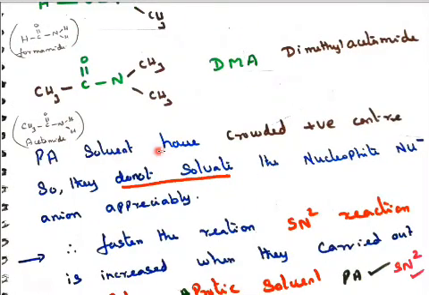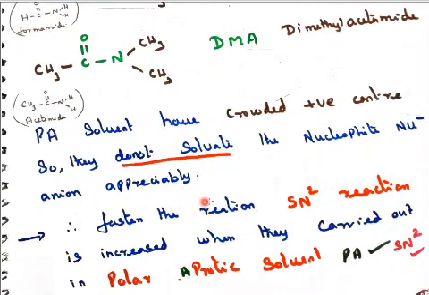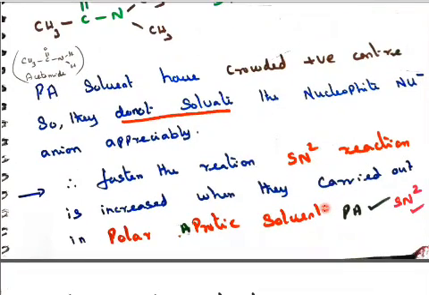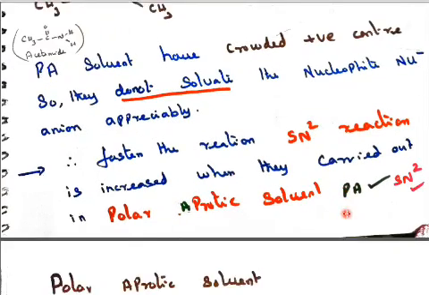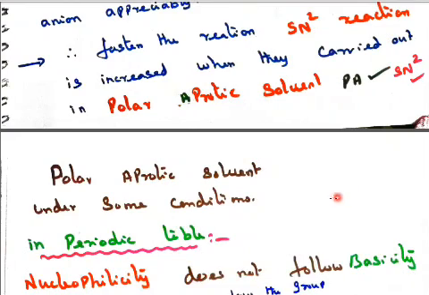Polar aprotic solvents have a crowded positive center. They do not solvate the nucleophile. Not solvating means not taking the nucleophile's electron. So the SN2 reaction is faster when carried out in a polar aprotic solvent. Polar aprotic is the best solvent for an SN2 reaction.